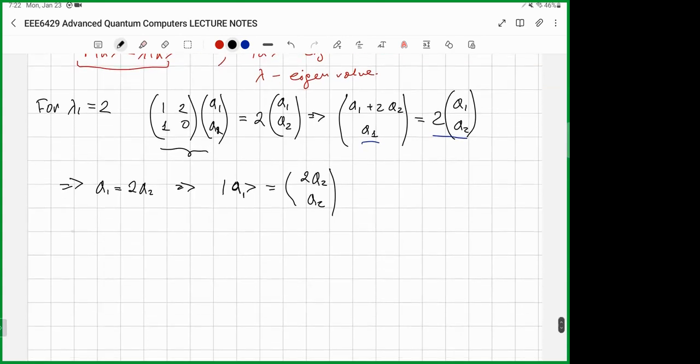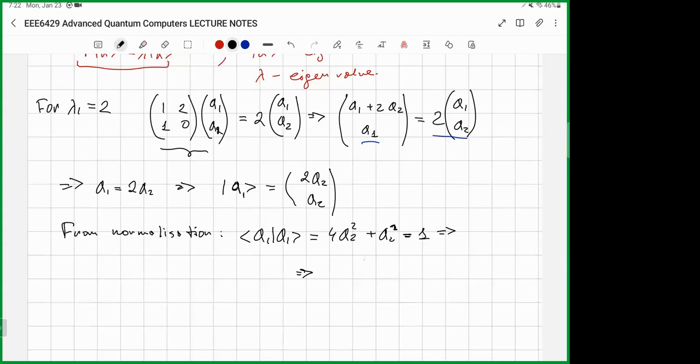So from normalization, we take the product of the vector with itself. It's equal to 4a2 squared plus a2 squared, and we make it equal to 1 because we normalize the vector.